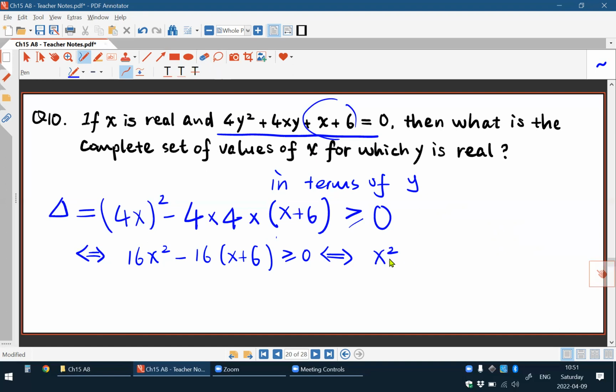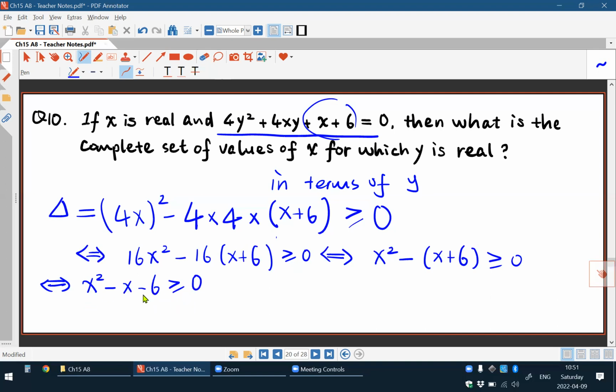So this is equivalent to x squared minus x minus 6 greater than or equal to 0, right?